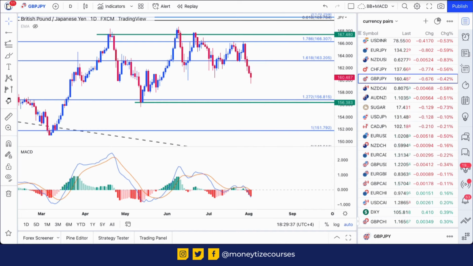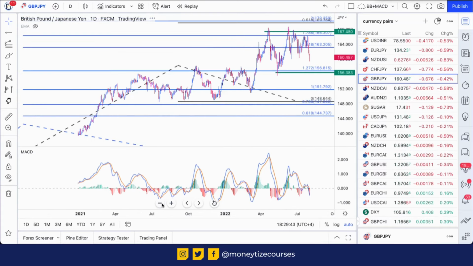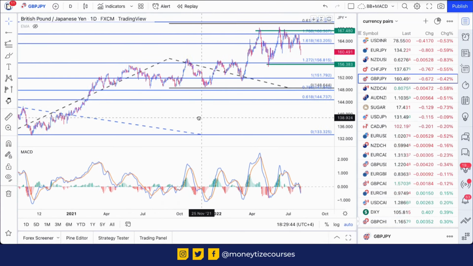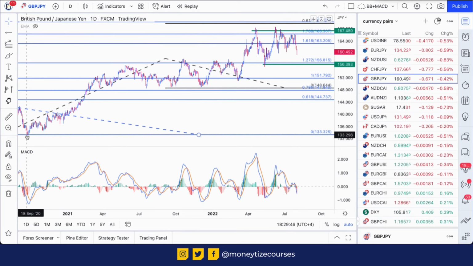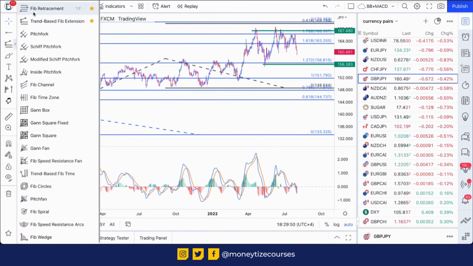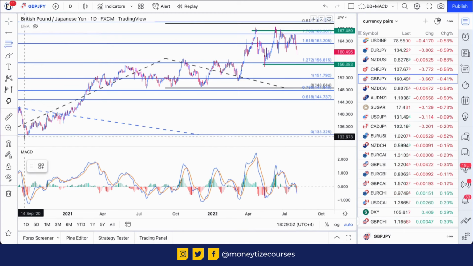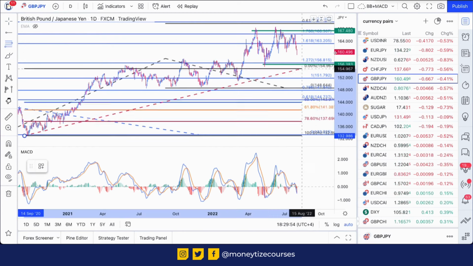Also, if we are going to check on the Fib retracement from the swing low to the recent swing high, we'll get some additional confirmation.